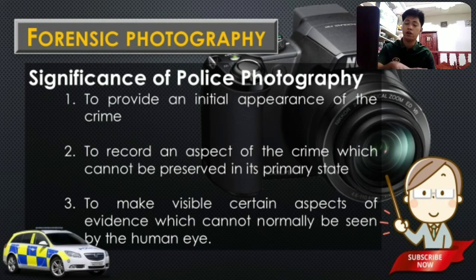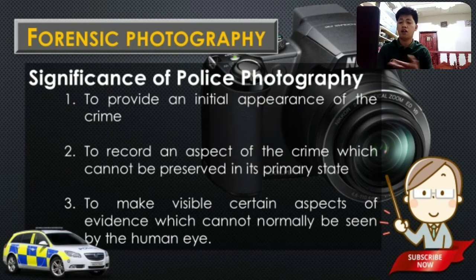So this is where crime scene photography, specifically forensic photography, also comes in to aid. You take pictures, you record all the necessary data, you photograph all the pertinent evidence and objects that have something to do with the crime that has been committed.